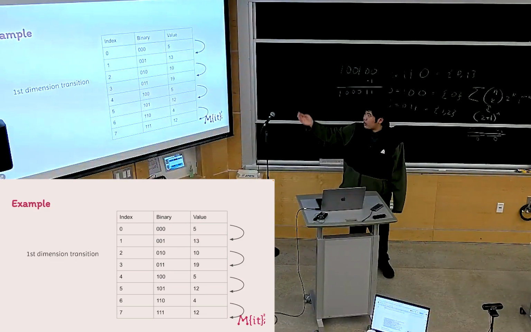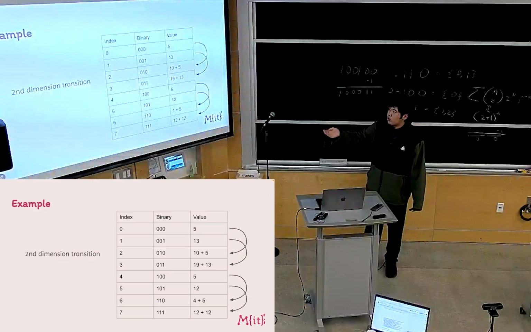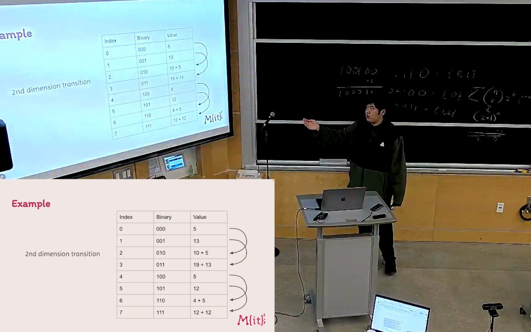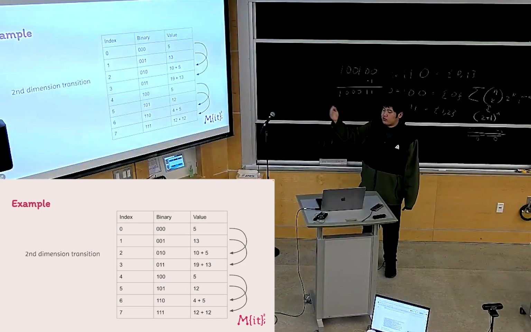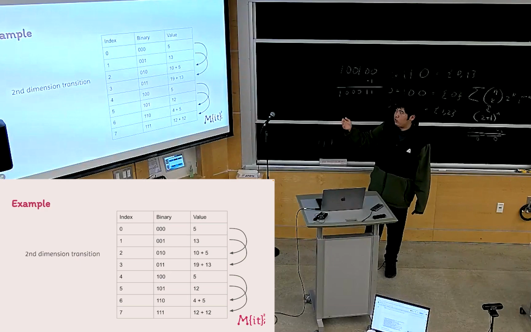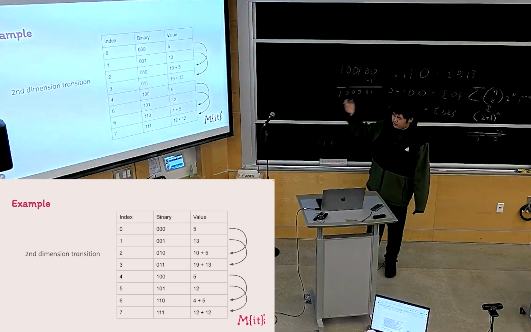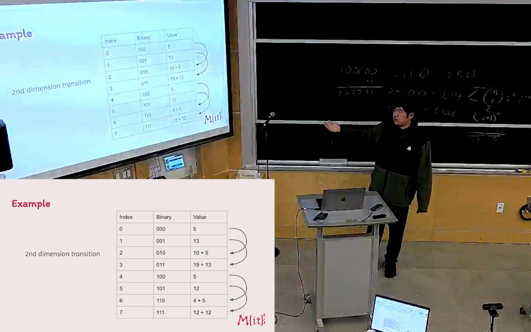So here I simplified the sums. Then if we consider the second dimension transitions, we'll be doing the same thing but for the second bit, where we'd add the value of 0 to the value of 2, because if we were to remove the second bit from 010, we'd end up with 000.